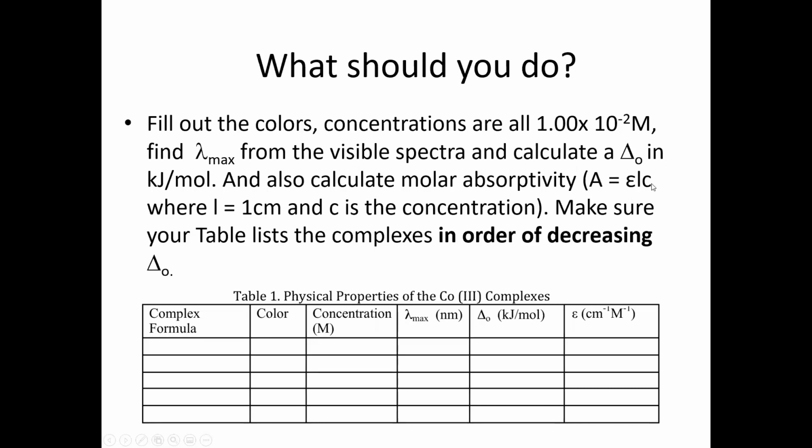You have L, you have C, and you have the absorbance at the lambda max. When you know A, L, and C, you can calculate epsilon. So I want you to calculate the epsilon and fill in this column here, okay? And make sure your table lists the complexes in order of decreasing delta zero, decreasing splitting energy.